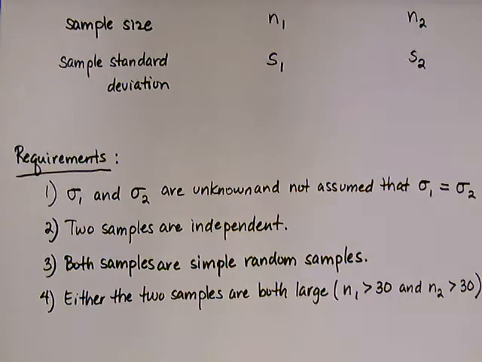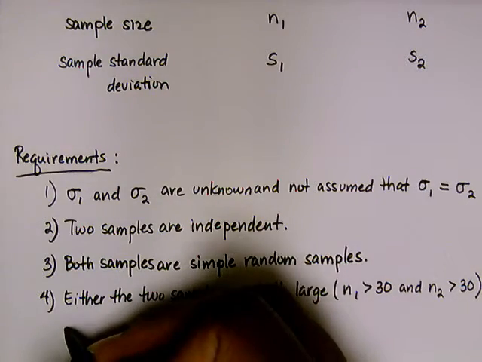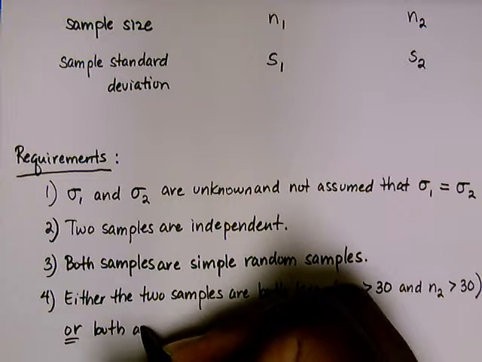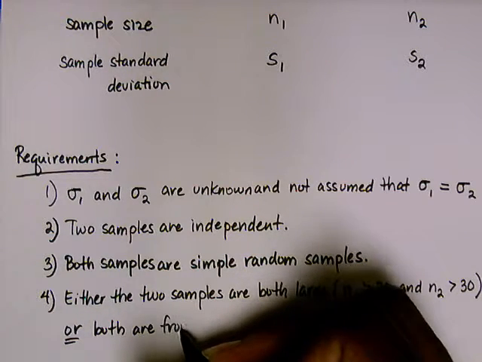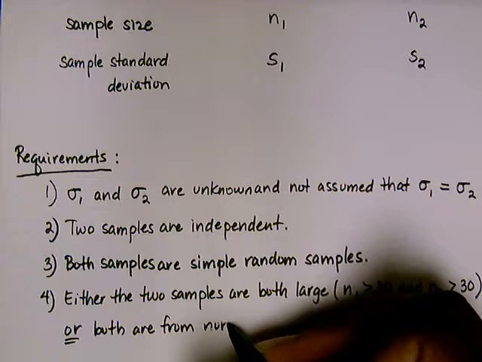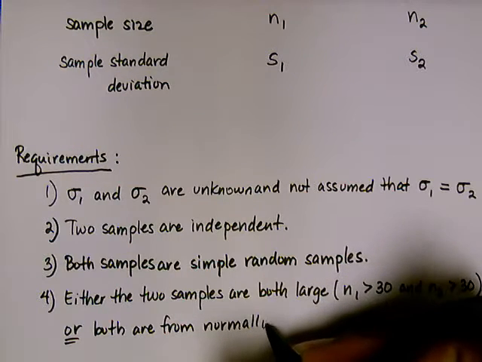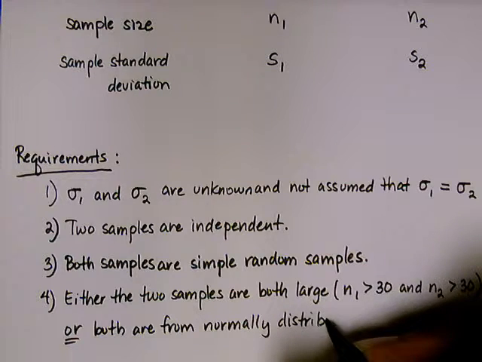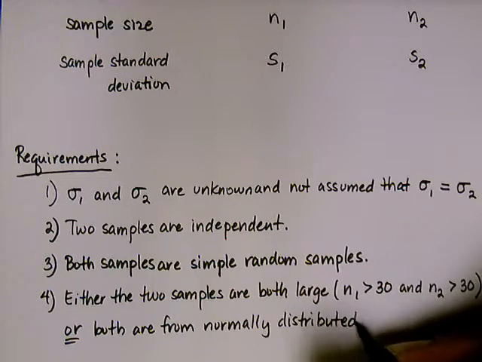That is, the first sample size has to be bigger than 30, and the second sample size has to be bigger than 30 as well. Or both samples are from normally distributed populations.